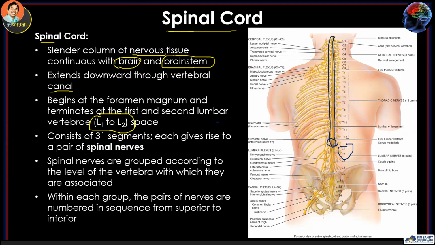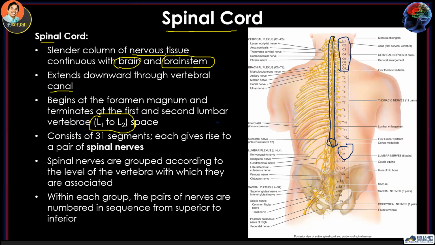For example, the spinal nerves that exit from the cervical vertebrae will be named and numbered with C, which means cervical. So C1 until C8. So these are spinal nerve number 1 until number 8.